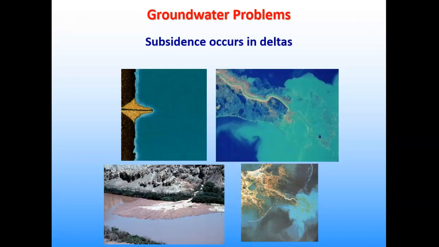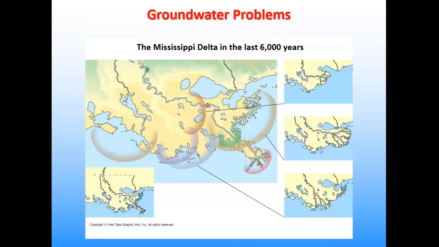In a lot of places where there's a lot of sediment deposited quickly, that's deltas, we get this subsidence problem. An example of that is the Mississippi River Delta, and there's a lot of people that live here. Over time, this delta has grown as the river has deposited a whole bunch of sediment all over the Louisiana area and grown new land out into the Gulf here.